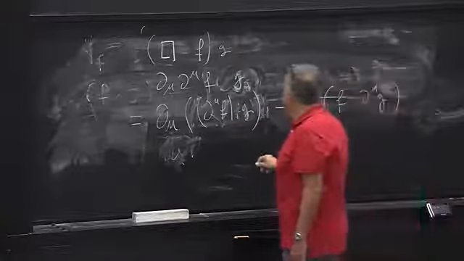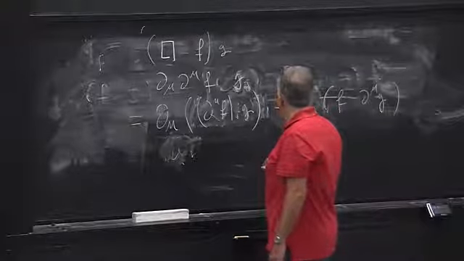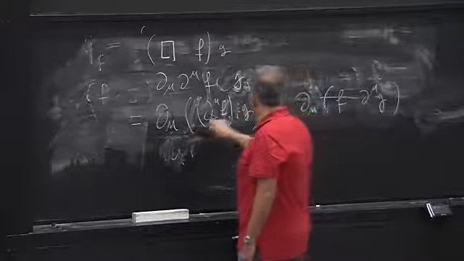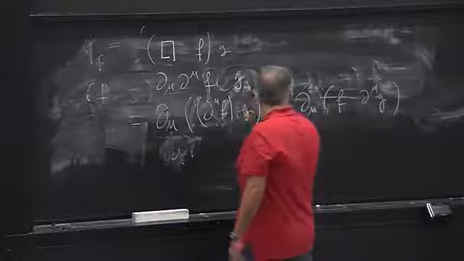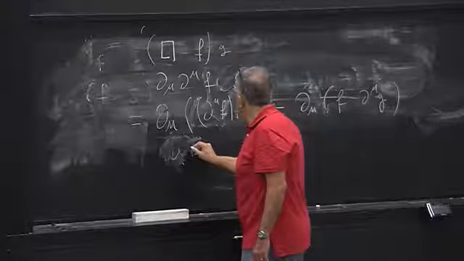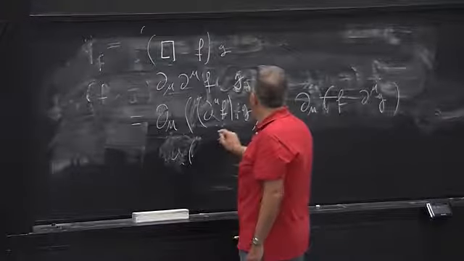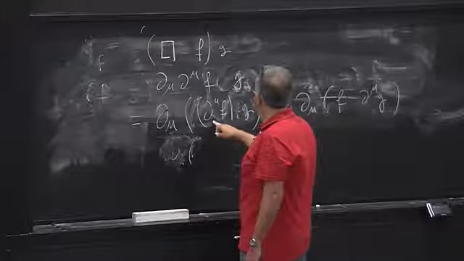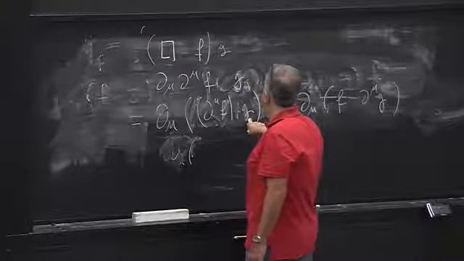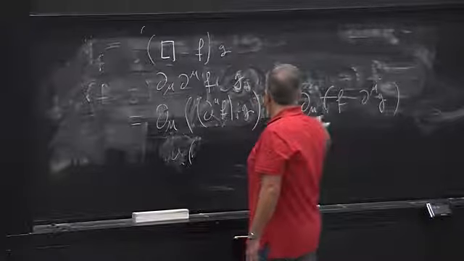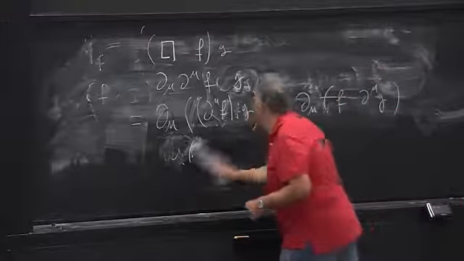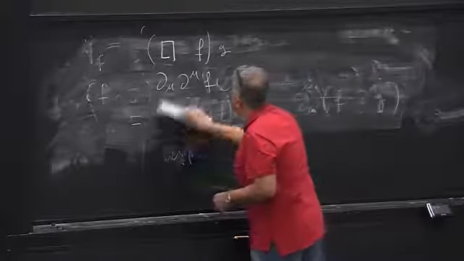And now I make this pass through here. This is going to be d mu F, d mu G. That doesn't cancel. I'm wrong. Okay, let's do it again.